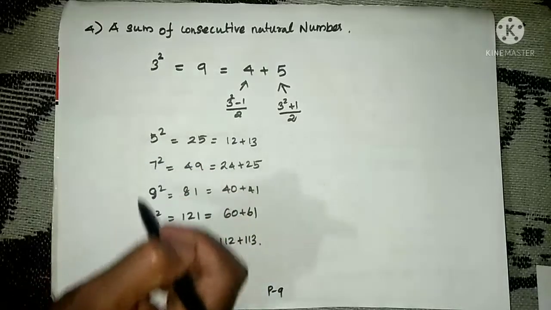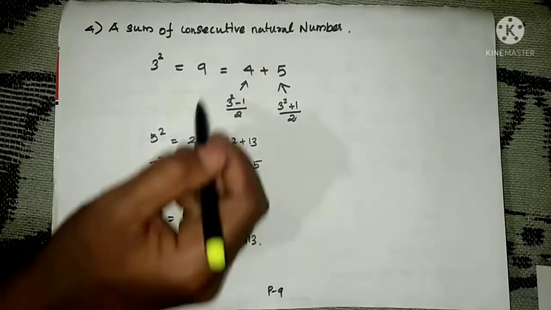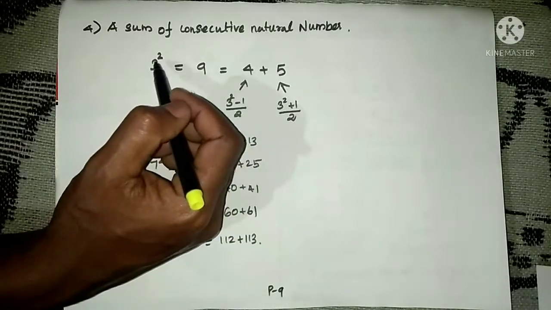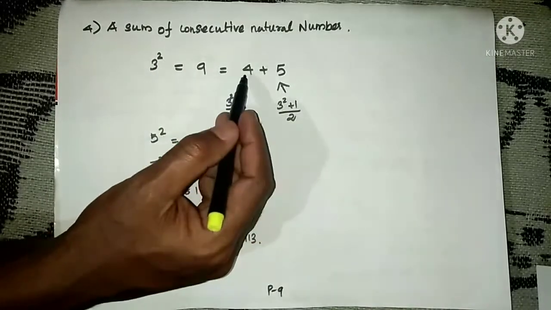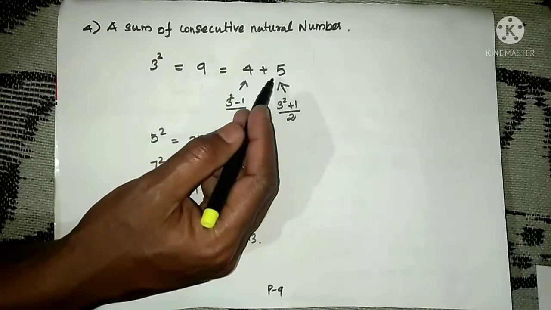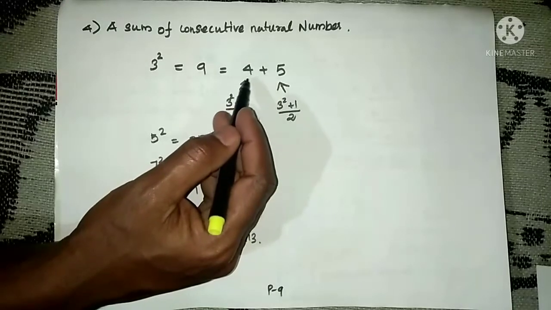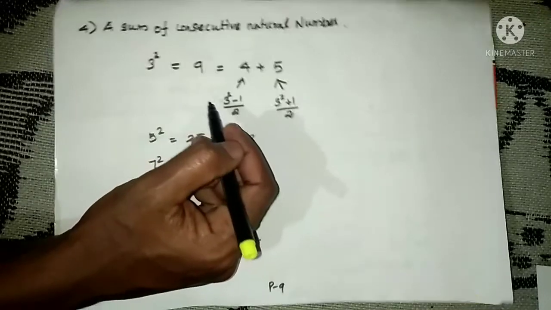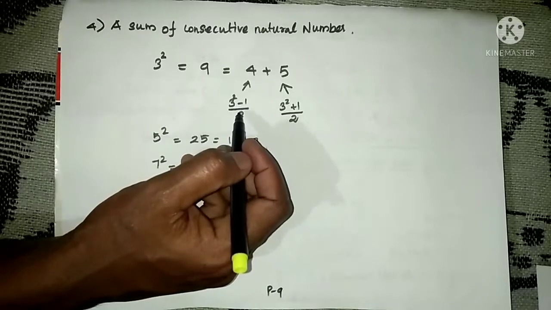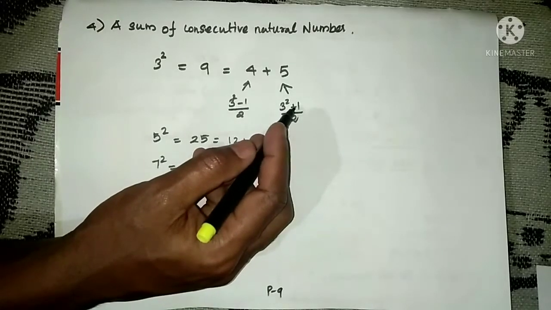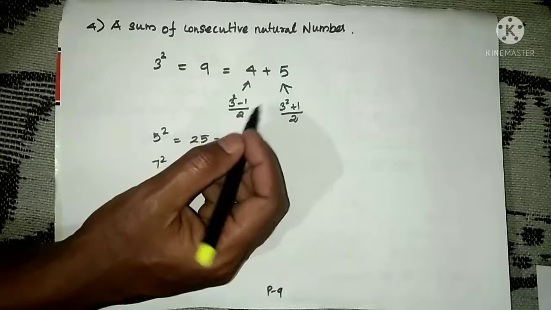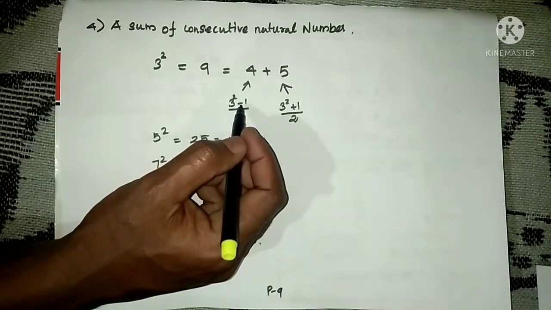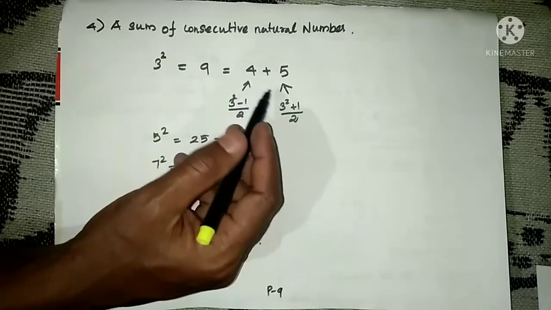If you notice, this 4 and 5 we can find like 3 square minus 1 by 2, and 3 square plus 1 by 2 is 5. 3 square is 9, 9 minus 1 is 8, 8 by 2 is 4.